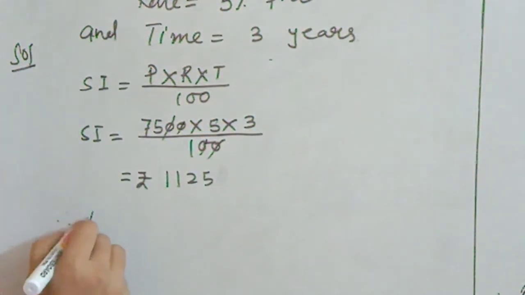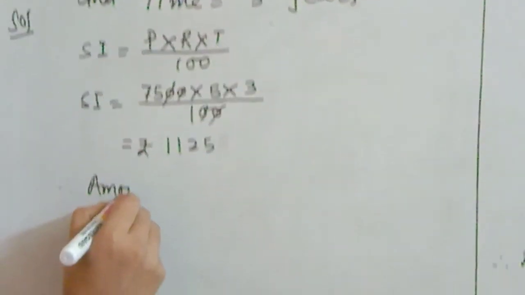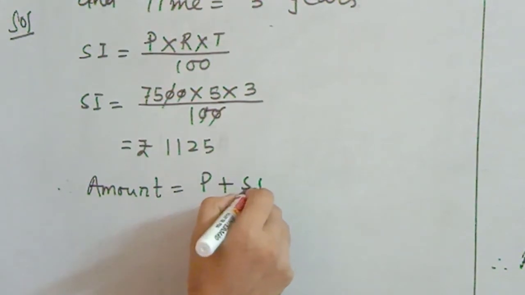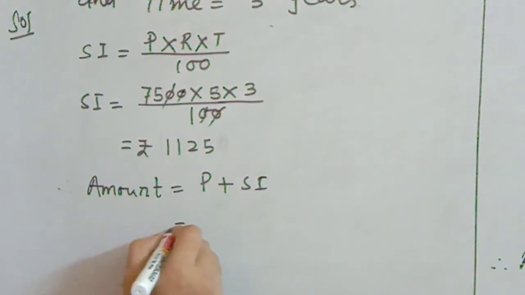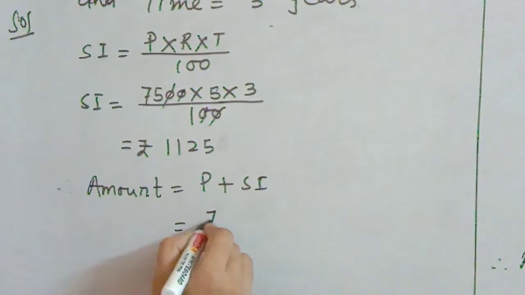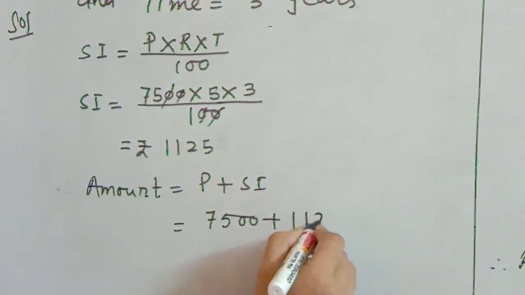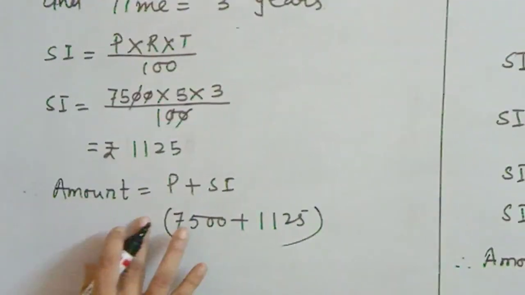Therefore amount is equal to principal plus SI. Here also I have to write the formula first. Principal is 7,500 plus SI 1,125 rupees.